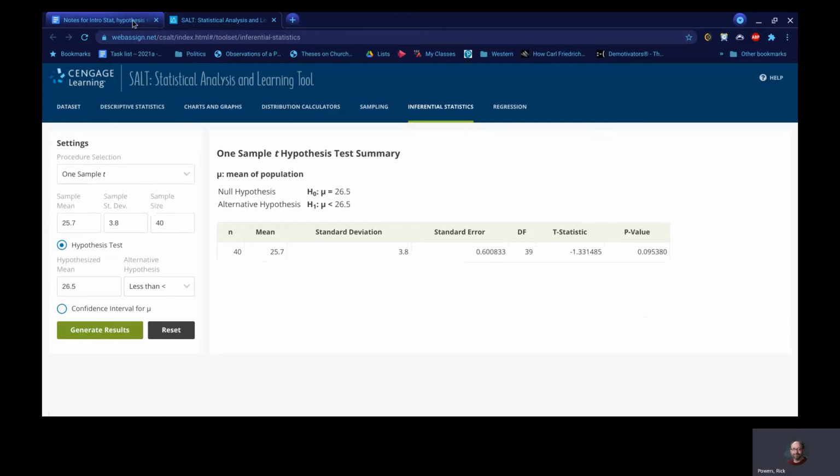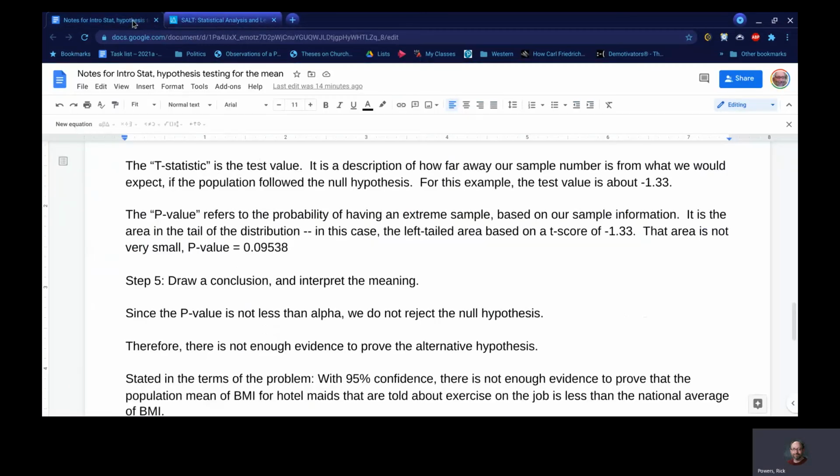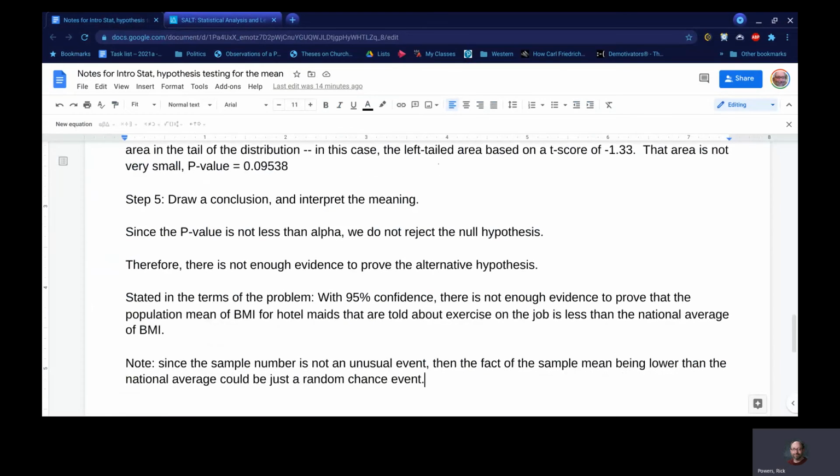Step 5, draw a conclusion and interpret the meaning. Since the p-value is not less than alpha, we do not reject the null hypothesis. Therefore, there is not enough evidence to prove the alternative hypothesis.